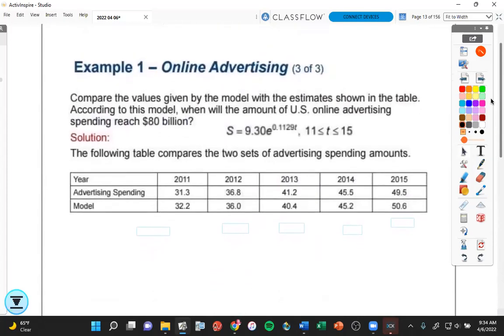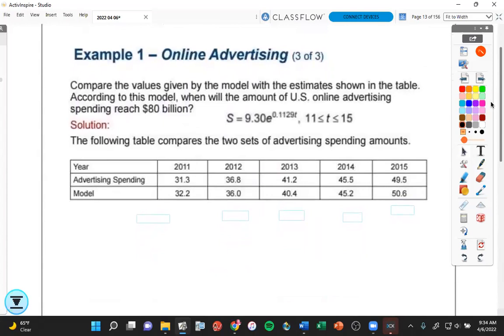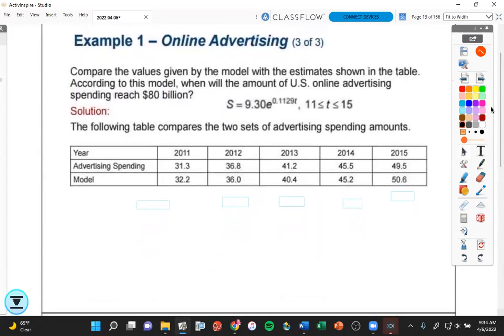So the next part of the question says, according to this model, when will the amount of US online advertising reach 80 billion? So where does the 80 go into our equation? The S, right. So let's go ahead and work this out.